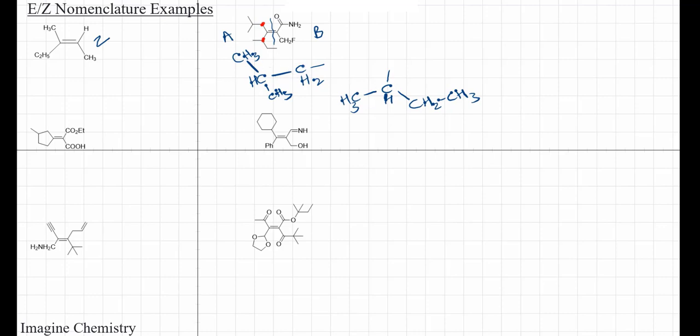You can see that this carbon has two hydrogens and one carbon attached to it, whereas the lower group has one hydrogen and two carbons attached to it. So it will be quite easy to assign the priority order: the lower group will have higher priority compared to the group on the upper side.